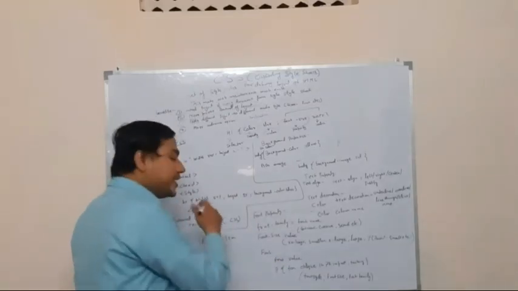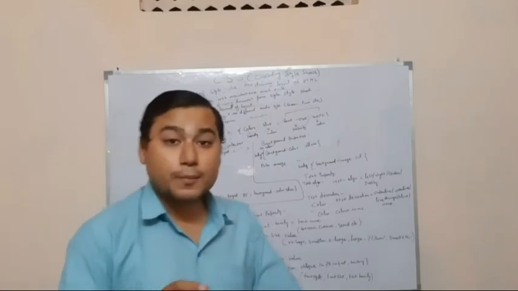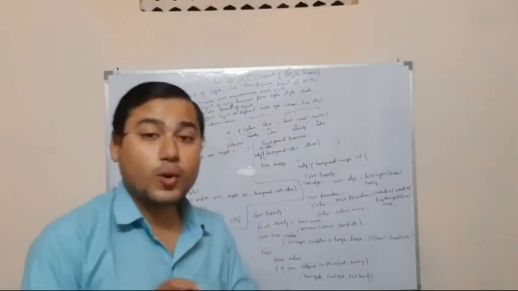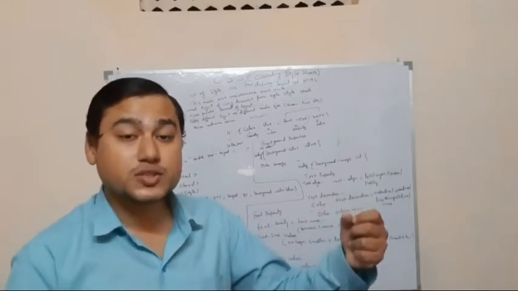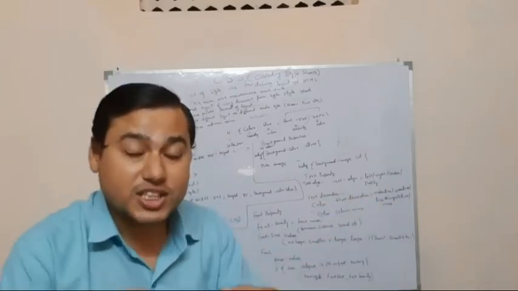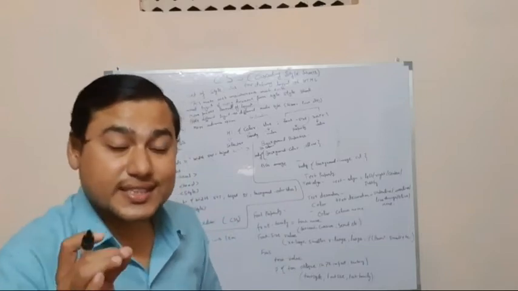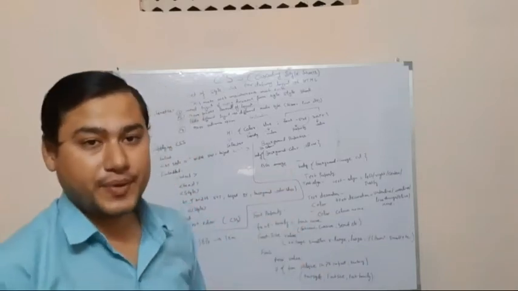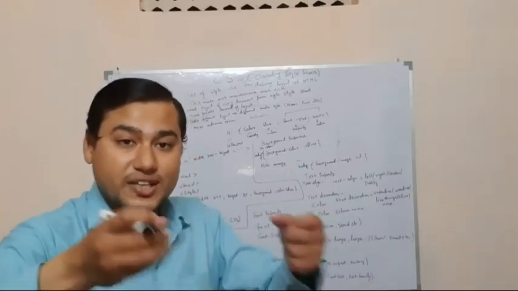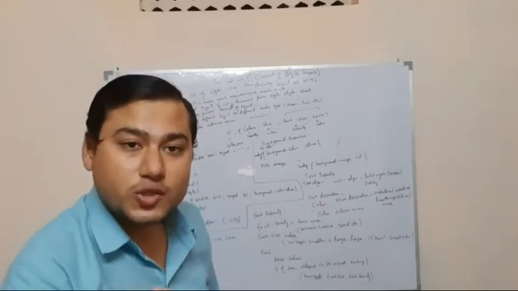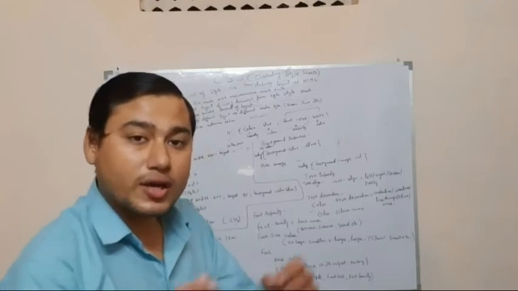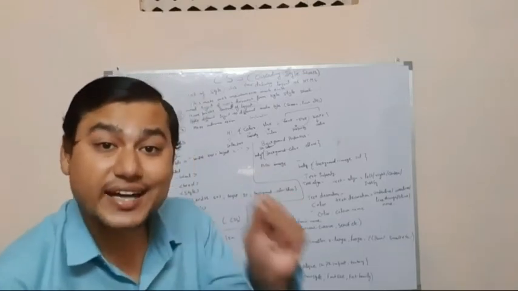Now embedded, which means you are embedding, which means you are attaching your CSS inside your web page. For giving information about a web page, you need to store the information in the head section.